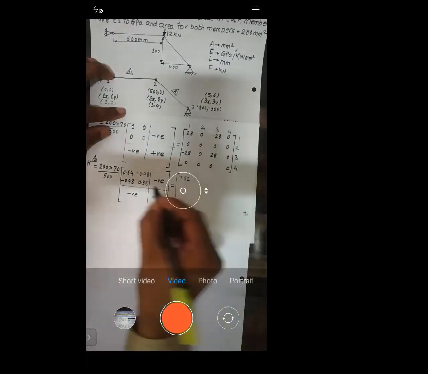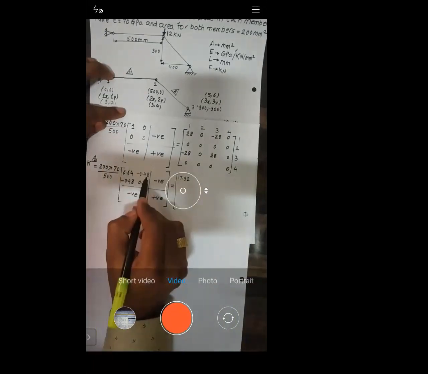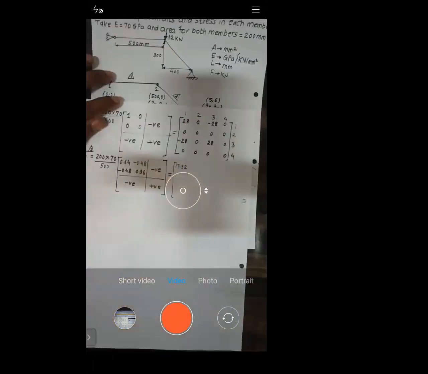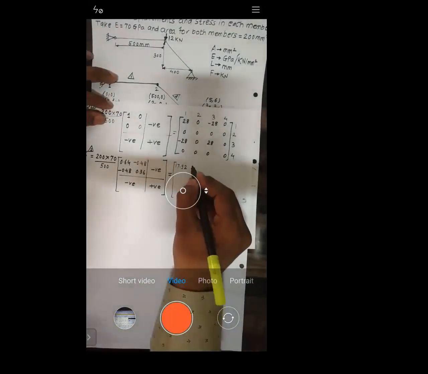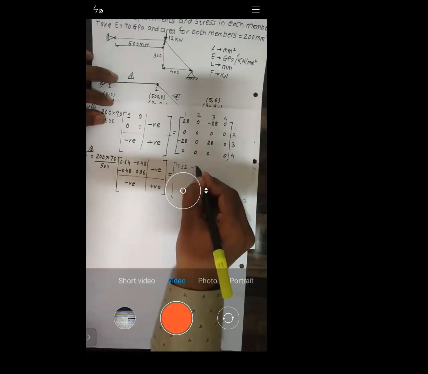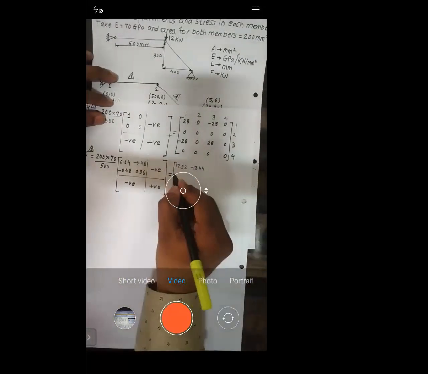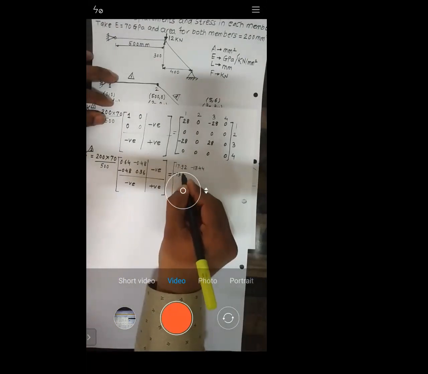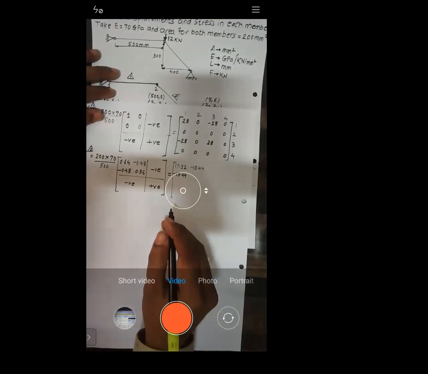Next, 28 multiplied by minus 0.48 is minus 13.44. Here again it will come minus 13.44, and this value is 28 multiplied by 0.36.